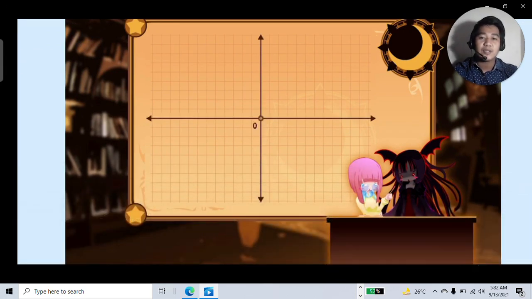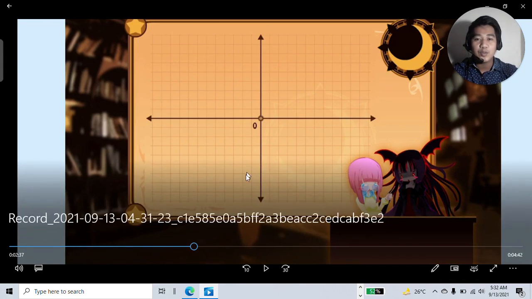Okay, class. As you can see, we have here two lines. The first one is vertical, and the second one is horizontal. The vertical line intersects the horizontal line at the origin.